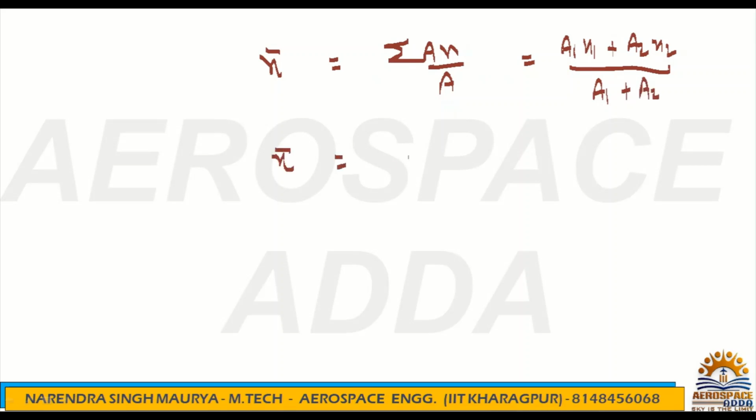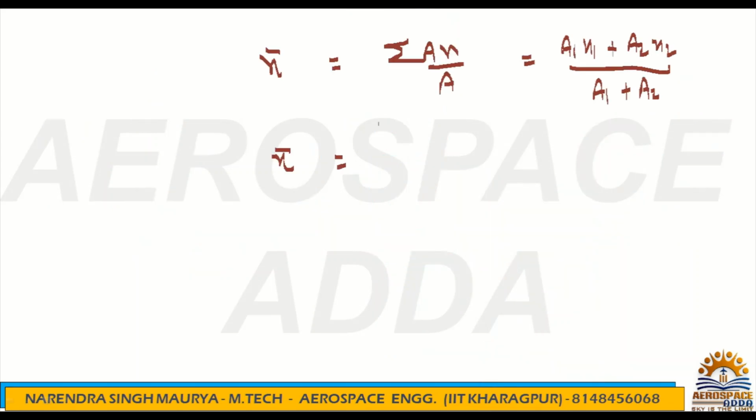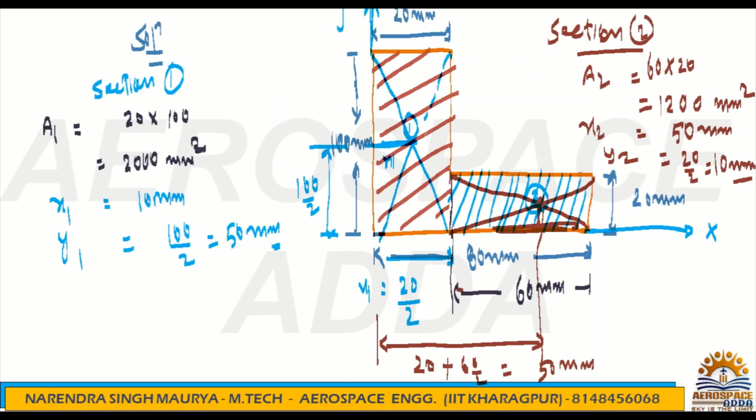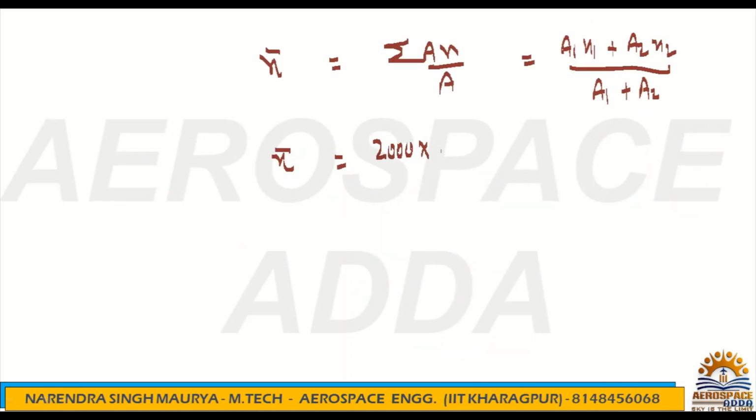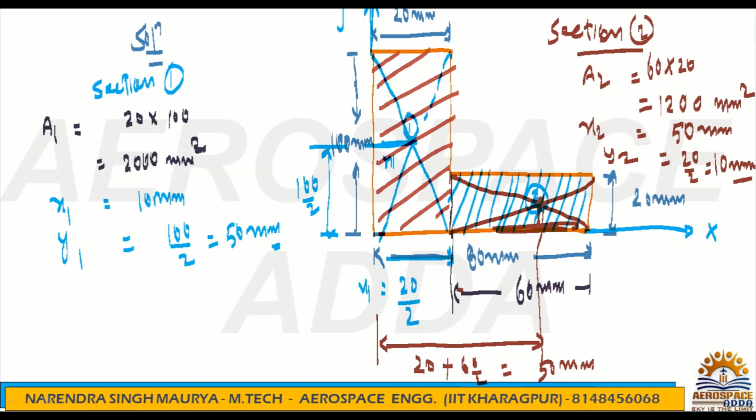What is a1? You have calculated 2000, into x1, which is 10, divided by, this is A1 x1 plus A2 x2, A2 is 1200, times x2 which is 50.